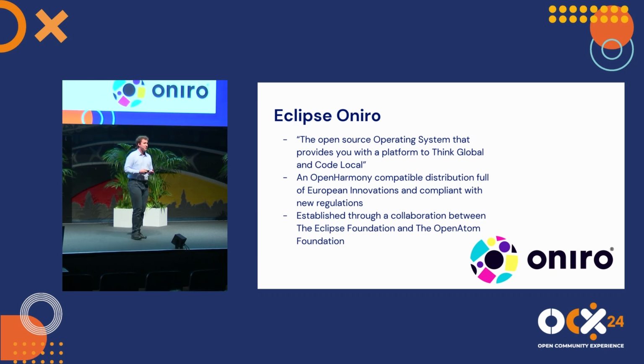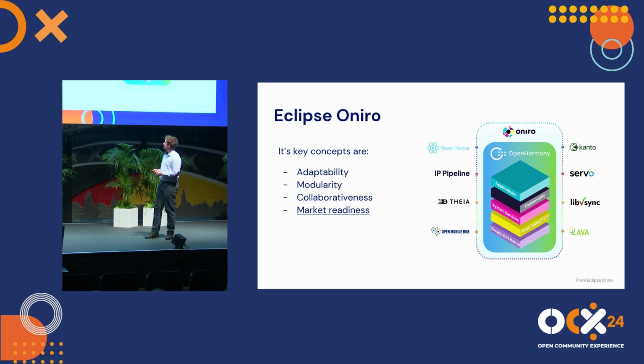And it has been established through a collaboration between the OpenAtom Foundation and the Eclipse Foundation. And Eclipse Oniro basically extends OpenHarmony, adding some goodies, some nice things to it, like Eclipse Canto, Eclipse Theia, or maybe React Native. And its key concepts are adaptability, modularity, collaborativeness, and market readiness.